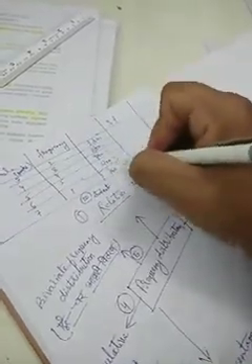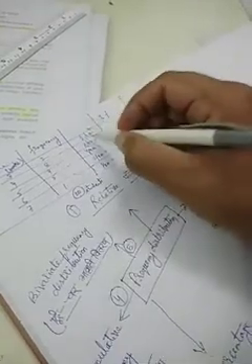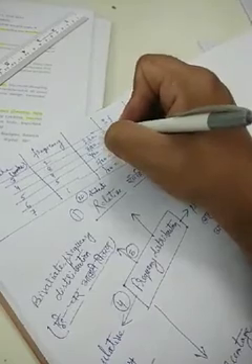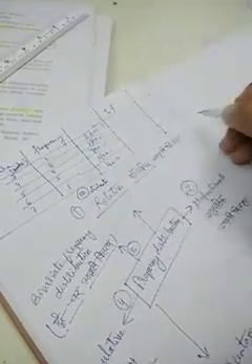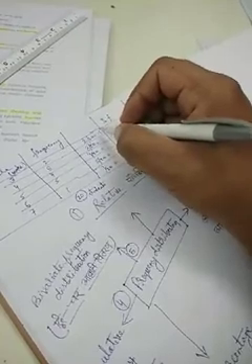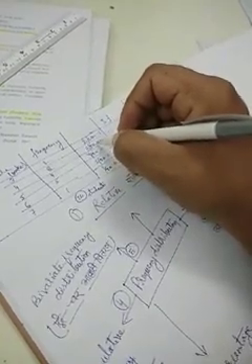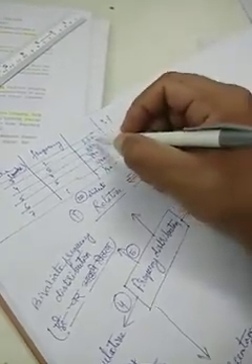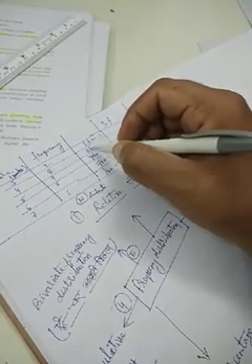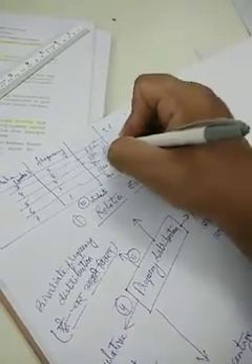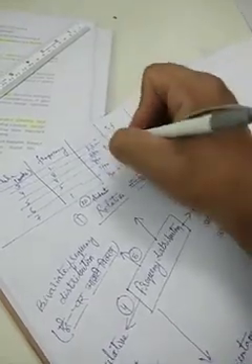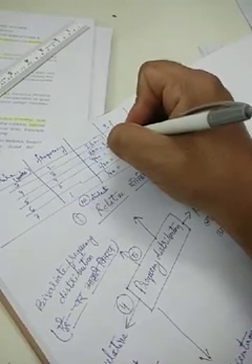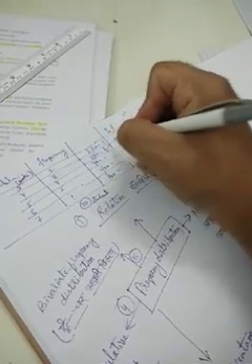By dividing 2 by 20, it is 0.1. Then 8 divided by 20: 2 fours are 8, and 4 fives are 20, so this is 2 by 5, which means 0.4.